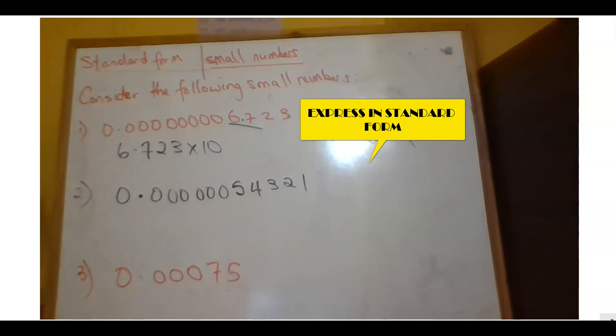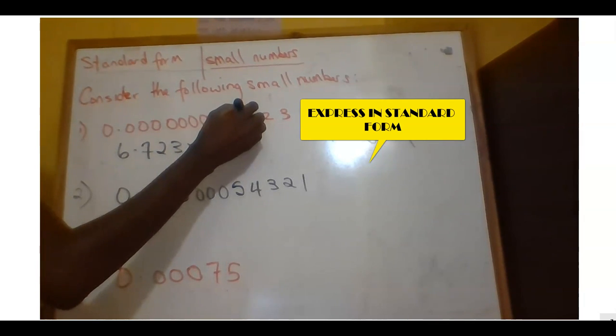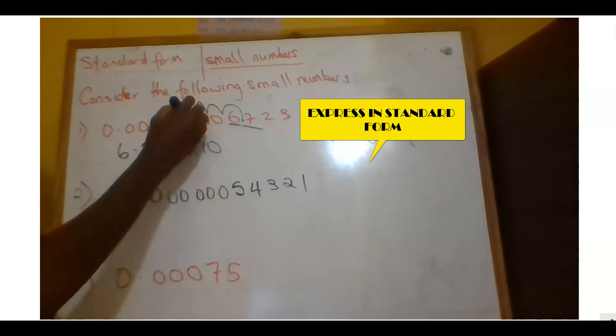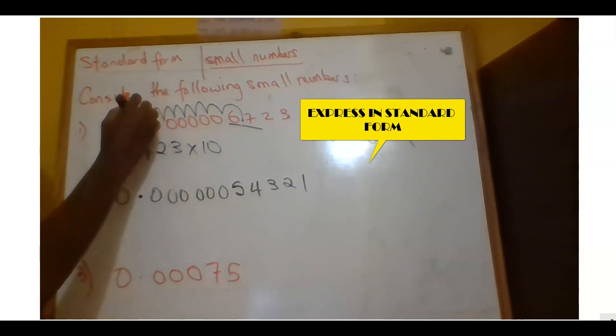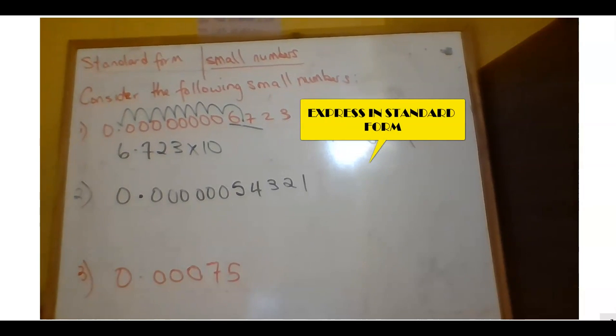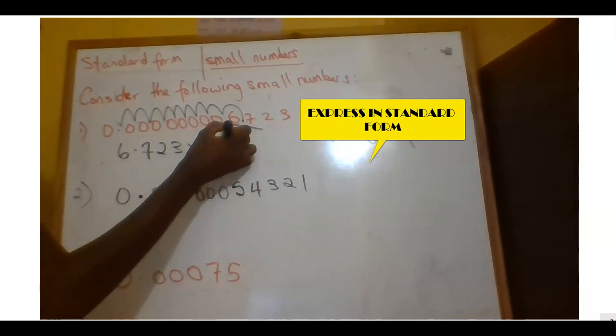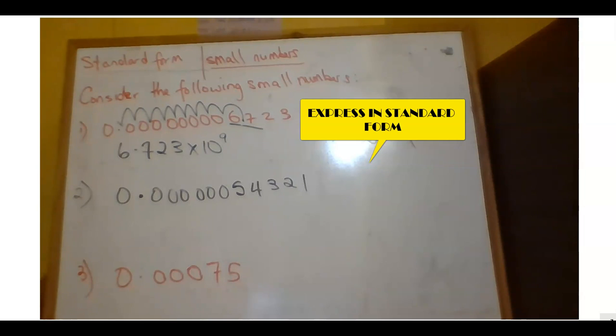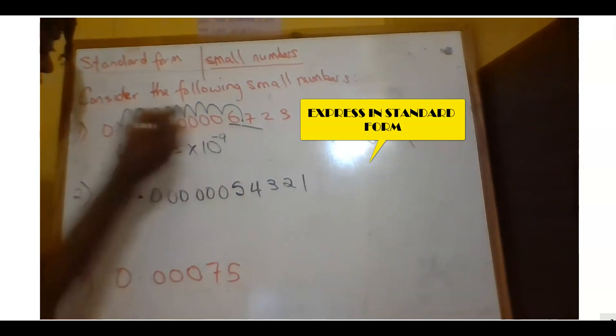So what we do is count from the point that we would have put, count the spaces to the original point. So that means we're counting to the left. So it's going to be 1, 2, 3, 4, 5, 6, 7, 8, 9. So we would have moved 9 places. Because we moved to the left, it's going to be negative 9.